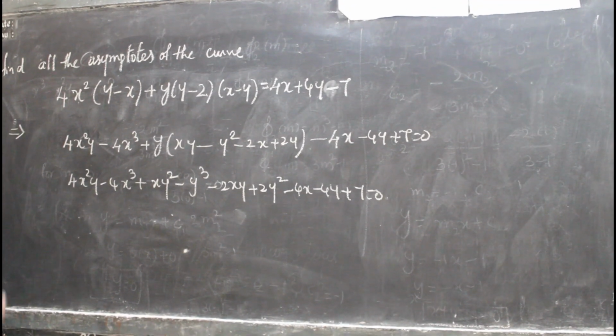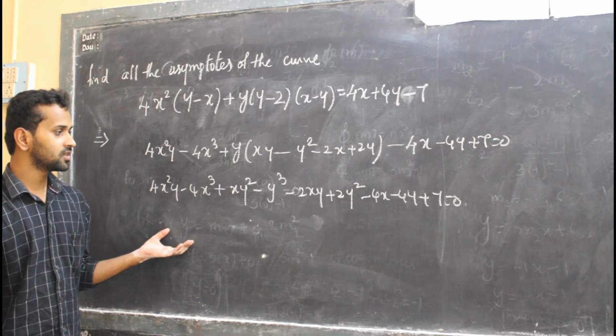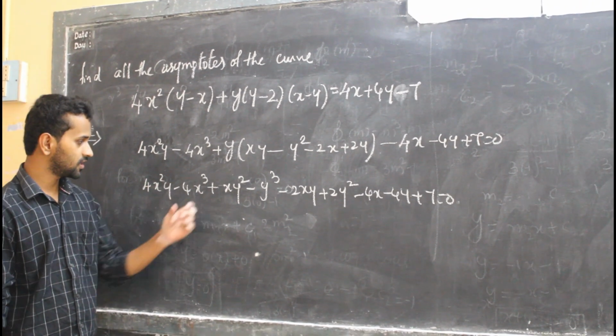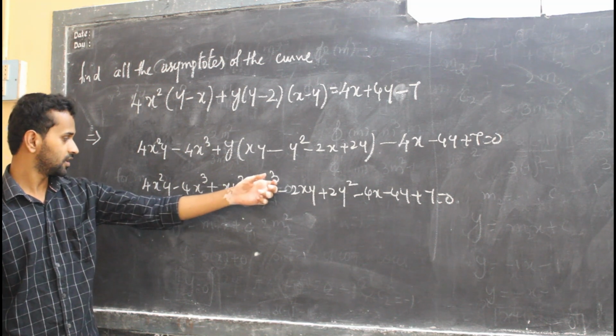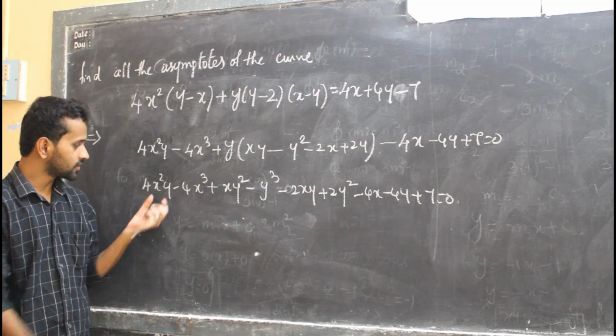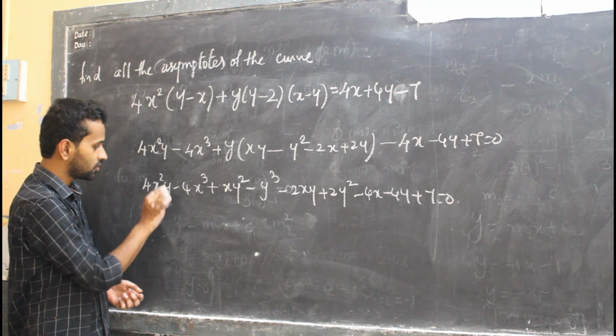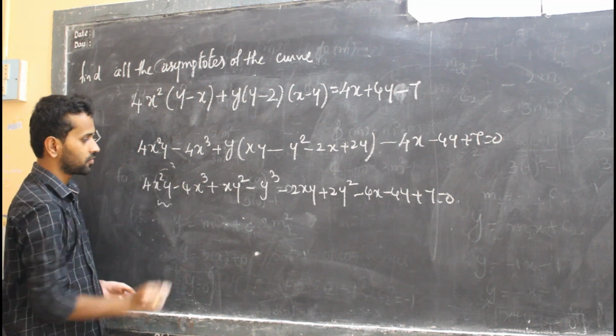Now you bring it in the standard form, that's called h3. To see the highest degree, you see x cube is there, that is 3 degree here, y cube also 3 degree, and here also x square into y, the complete term x square into y, the degree will be 3 only for me here also.